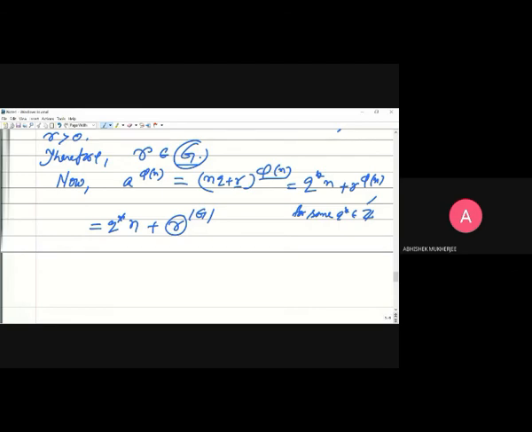Which is 1. So it is q star n plus 1, and if you take the modulo n, then it is actually 1. Okay, so this completes the proof of the theorem.